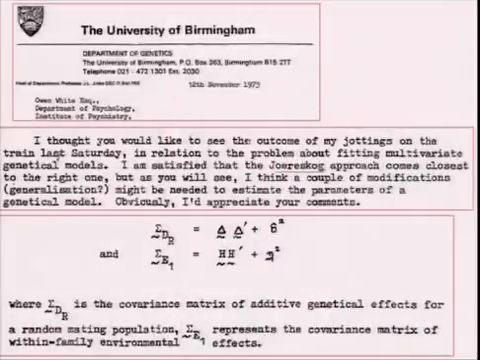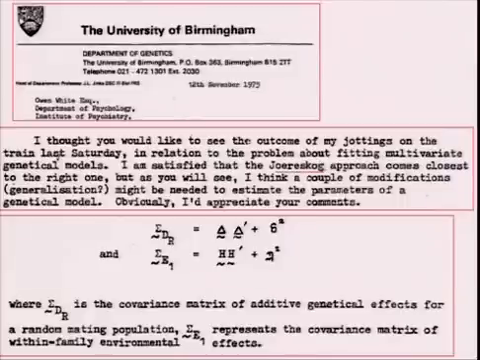So this is from a letter written on a train on a Saturday from Lindon to Owen White. And what he does in this letter is really spell out the maximum likelihood solution to analyzing multivariate genetic data.